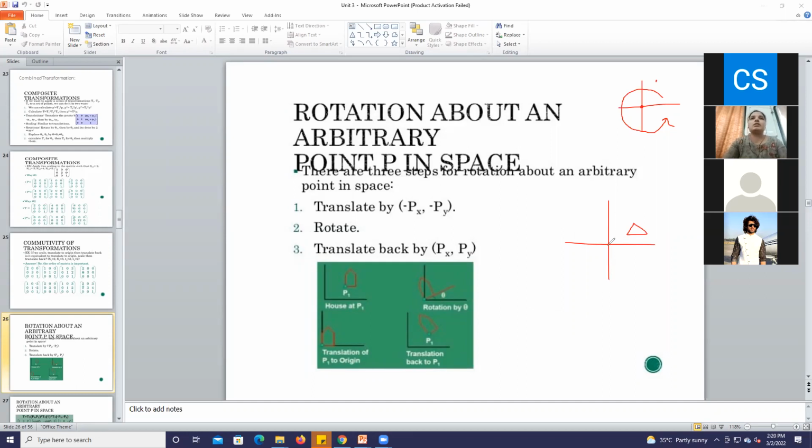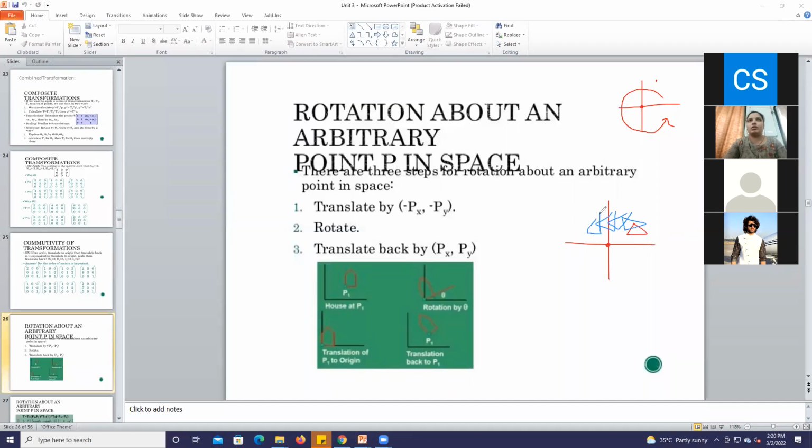Now tell me, if the rotation of this triangle is with respect to origin, how will it come? It will follow the circular path, right? This is your original triangle, and this point is acting as a center of rotation and I will rotate the object around it. This particular point is acting as a center and the object will revolve around it.